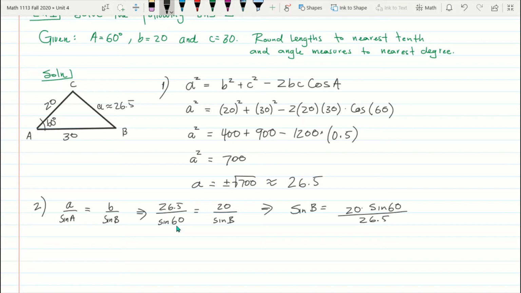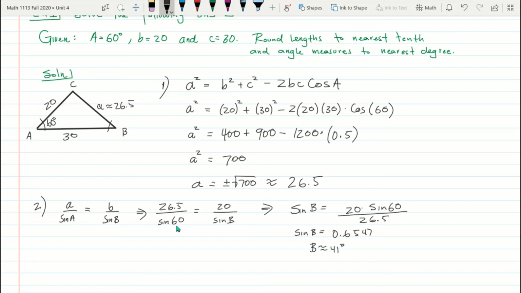Which comes out to be 0.6547, and then we do sine inverse of both sides and roughly get 41, and this is 41 degrees, right?